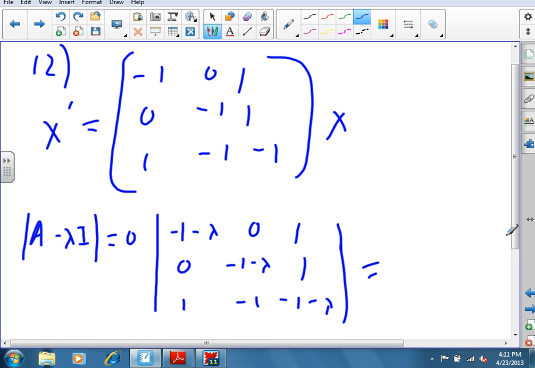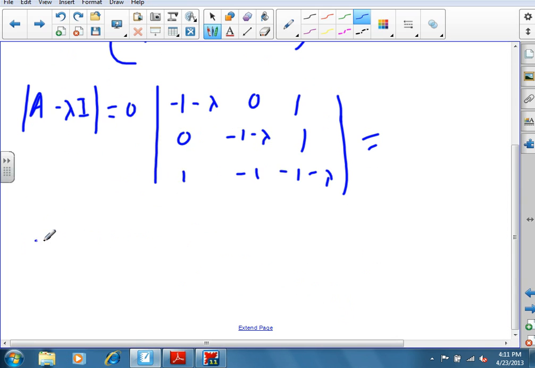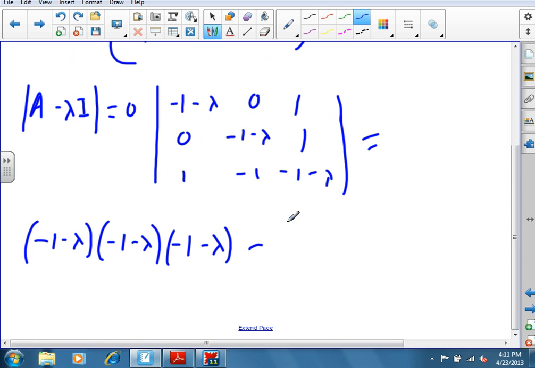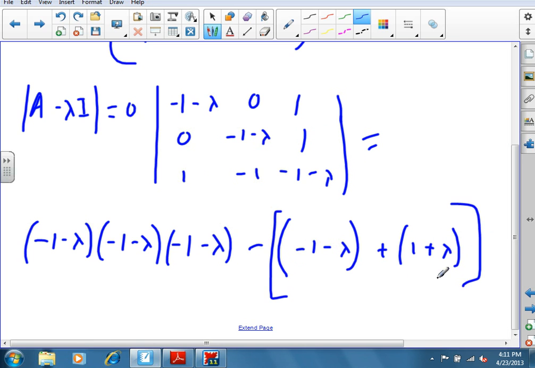Now this one I might be able to do in my head. Who knows? Minus 1 minus lambda, minus 1 minus lambda, minus 1 minus lambda, 0, 0, minus 1 times 1, minus 1 minus lambda, minus, so that'd be a plus 1 plus lambda, and the other guy's a 0.